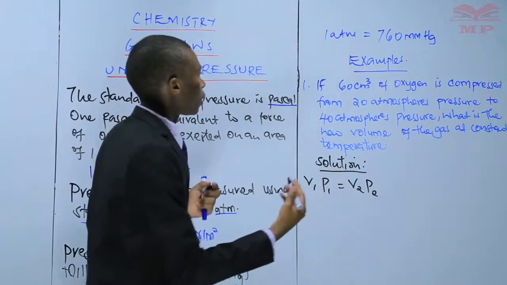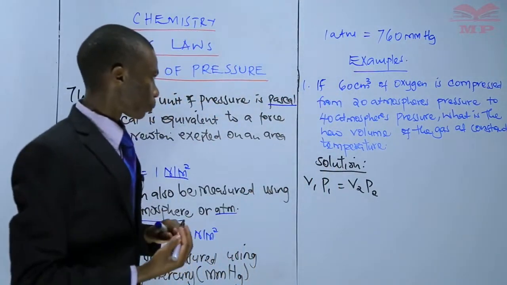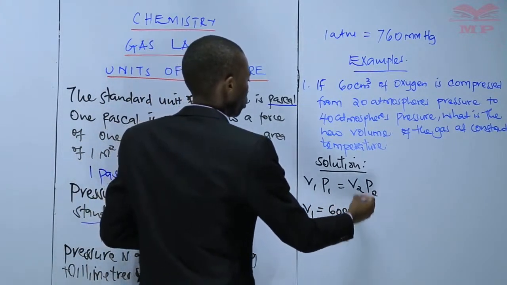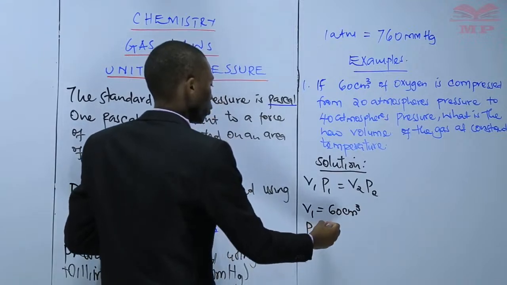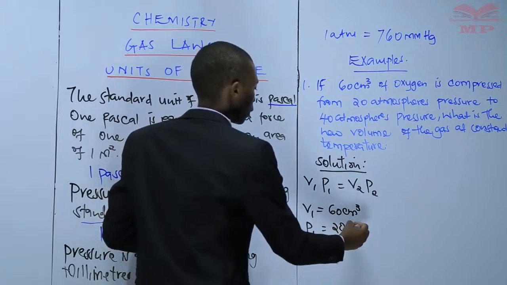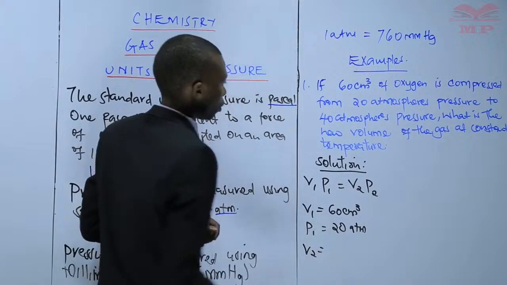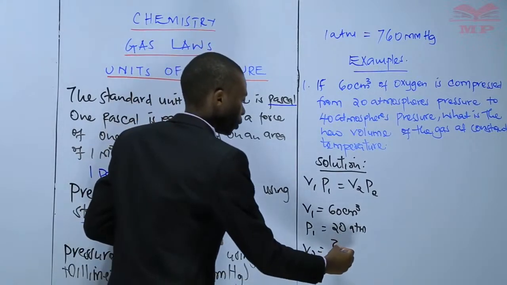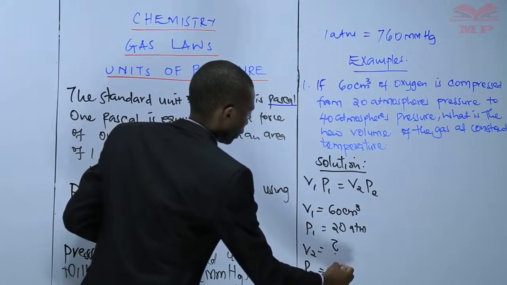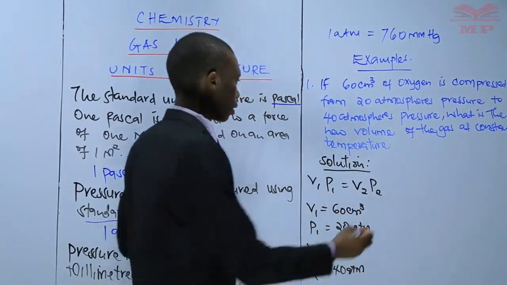In our case, V1 is 60 centimeters cubed, P1 is 20 atmospheres, V2 is what we are looking for, and P2, the final pressure, is 40 atmospheres.